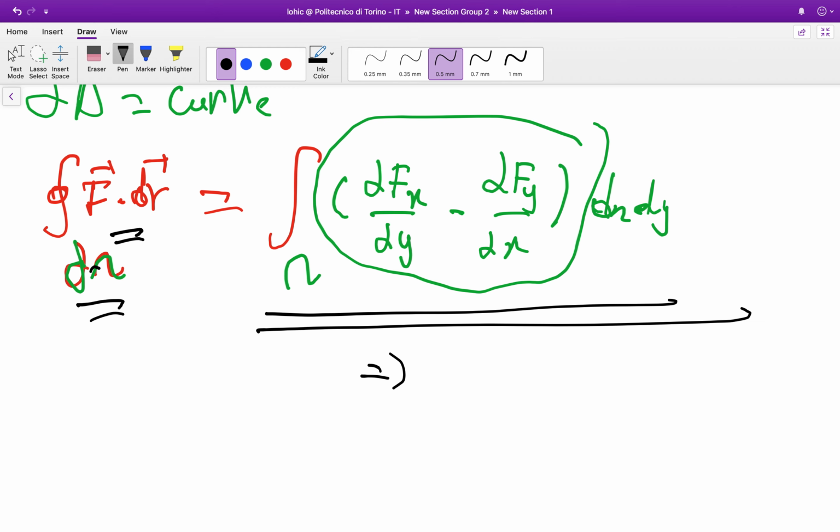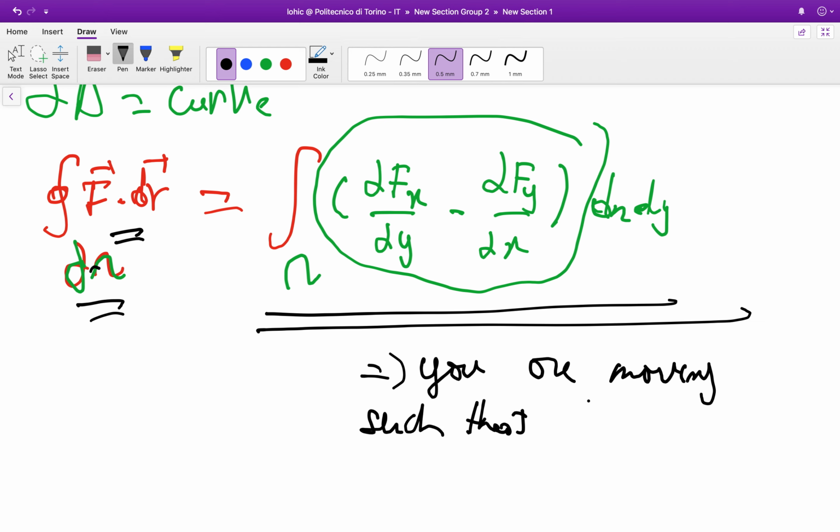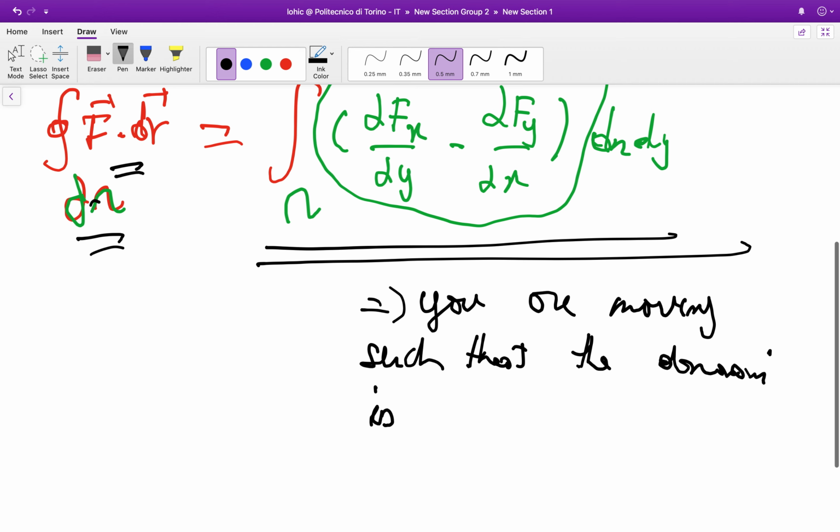If you compute in this way, you are moving such that the domain is at your left.